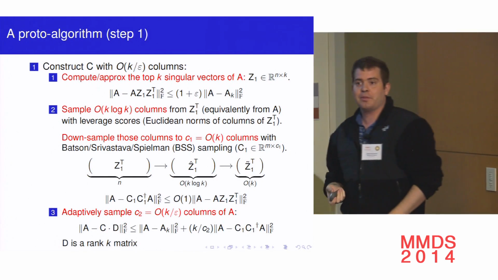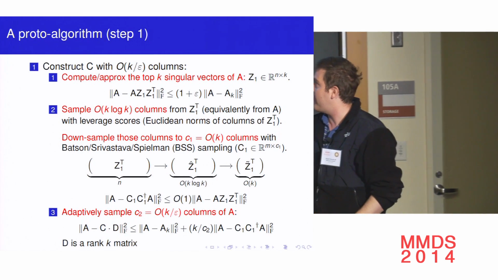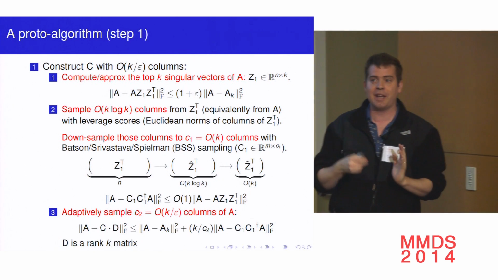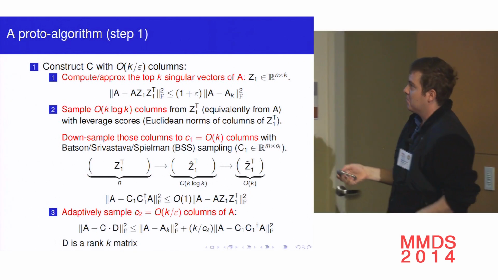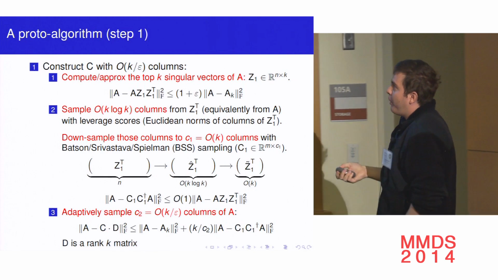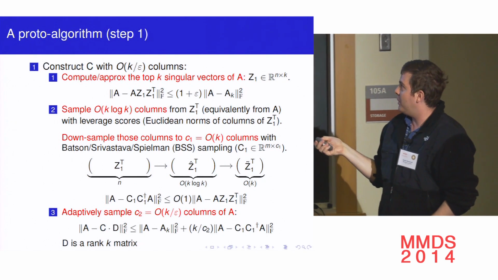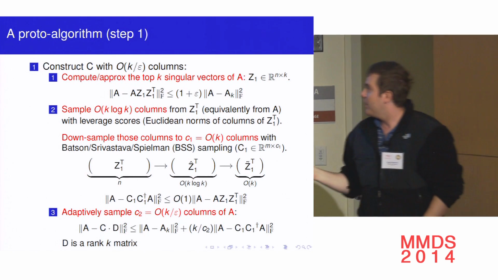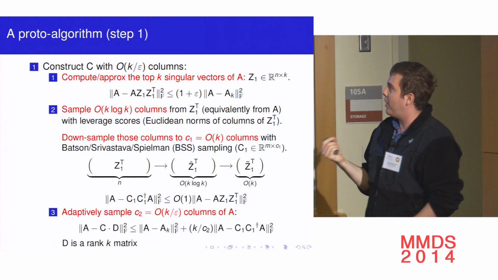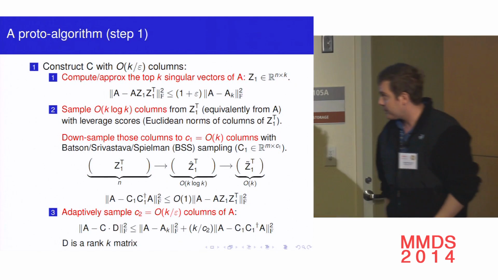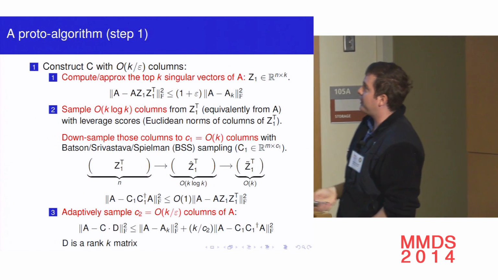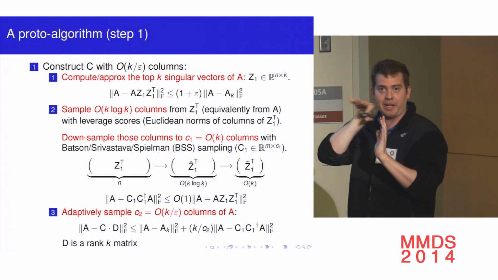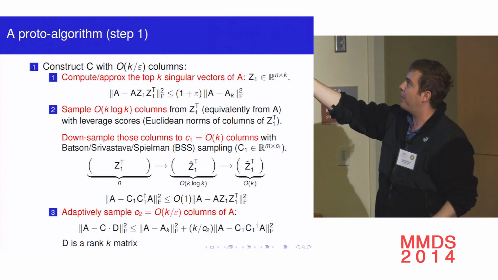And what I know from the theory of leverage score sampling is that if I project the columns of A onto the span of the columns in C1 sampled in this way, I get a pretty good approximation to what I used to do the leverage score sampling. So the error I get by projecting the columns of A onto C1 is at most a constant factor larger than the error of A minus the rows of A projected onto Z1 Z1 transpose.